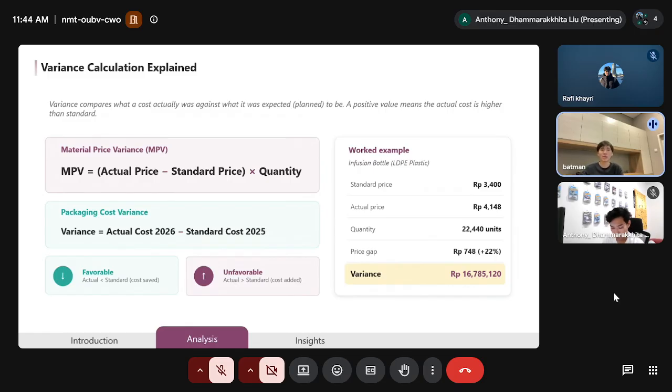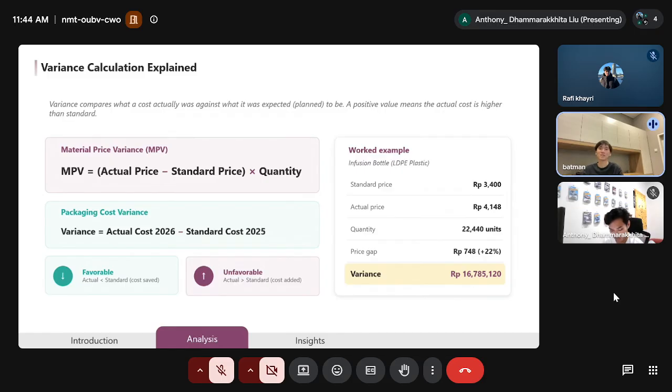Here is a real example. The LDPE plastic infusion bottle: the standard price was 3,400, but the actual price rose to 4,148. There is a gap of 748, or about 22% higher.